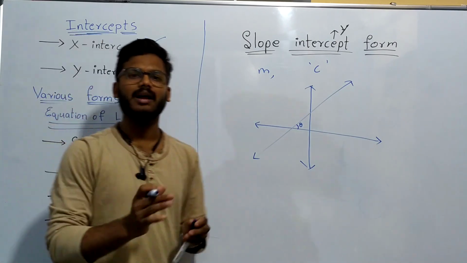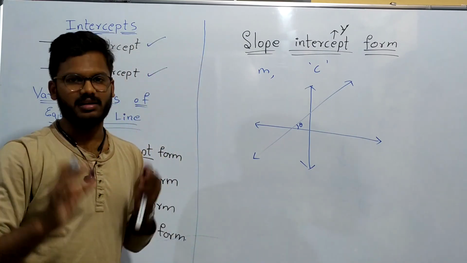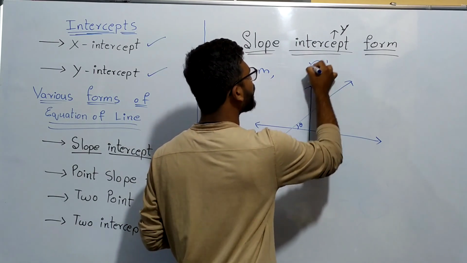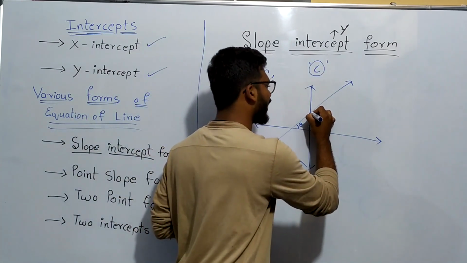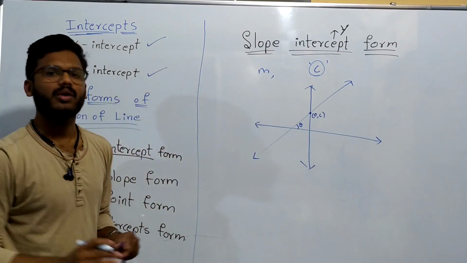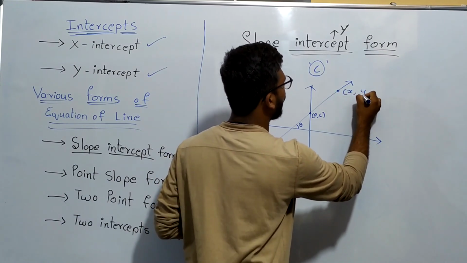The equation is nothing but I want to derive an equation in x and y for how the points are. I know the y-intercept is c, that is, it meets the y-axis at (0, c). Now I am taking any point on this line. Let it be (x, y).